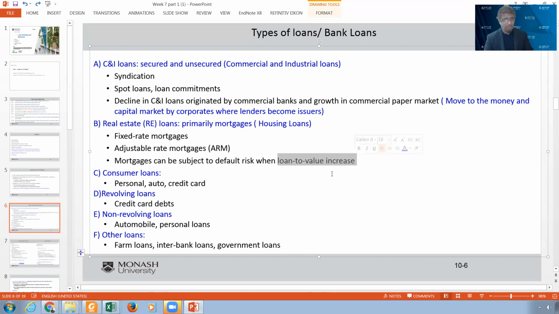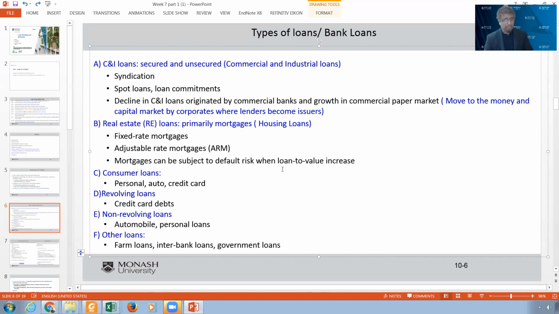But on the loan to value, for example, if we buy a house worth 1 million ringgit, you can give, for example, 50% of that as a loan, so the risk will be less.